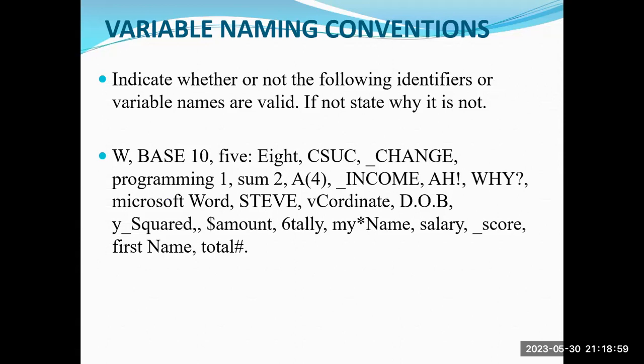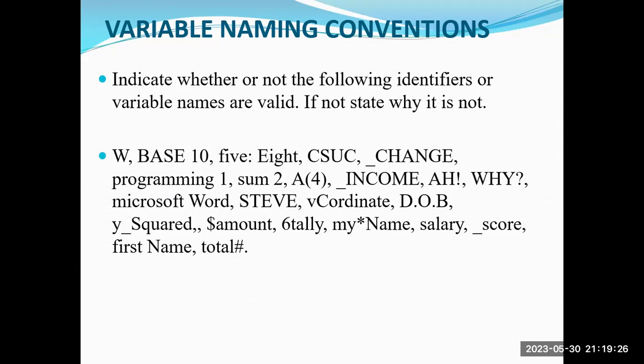Let me take a last one. So sum 2, valid or invalid? Sir, please, invalid. Okay, who answered that?